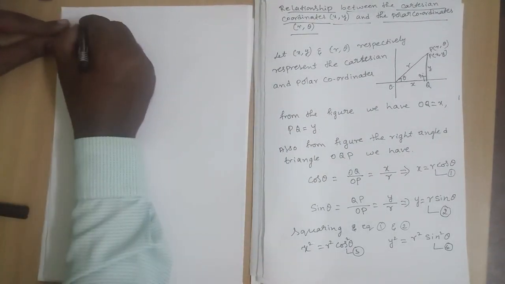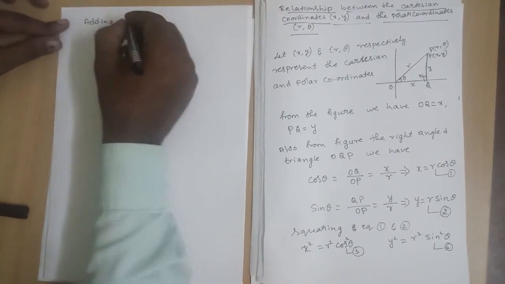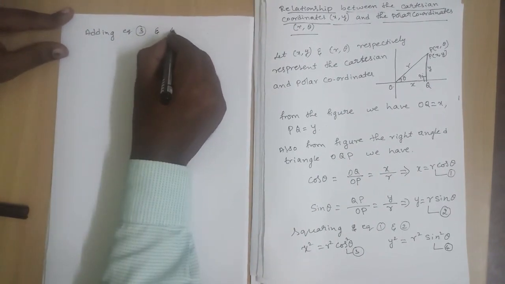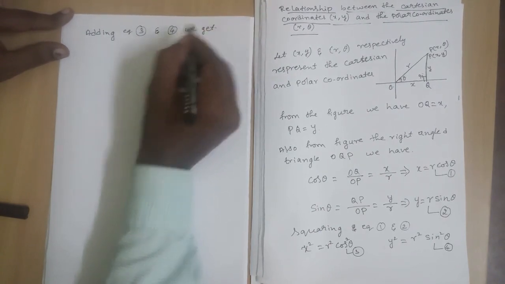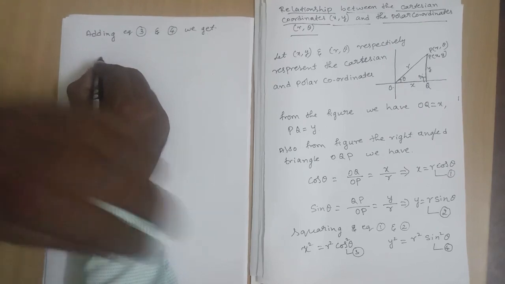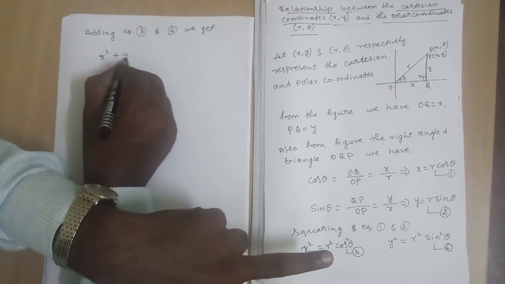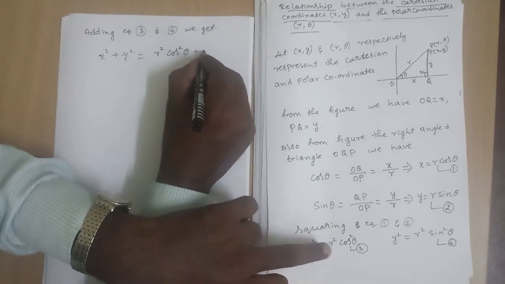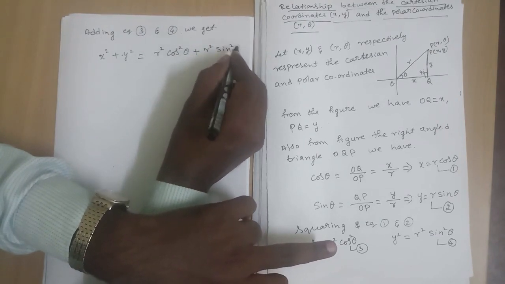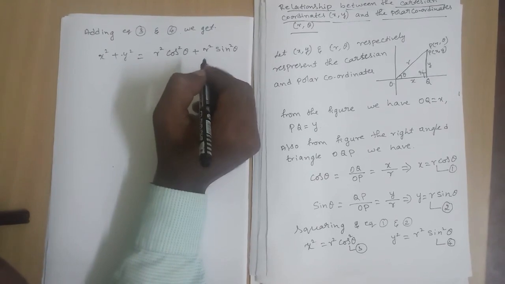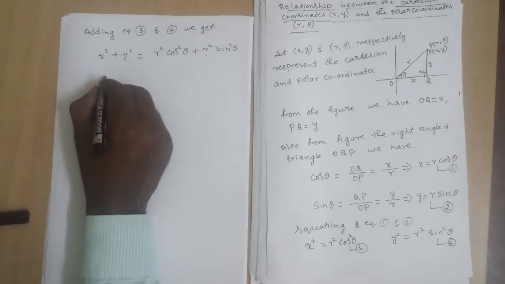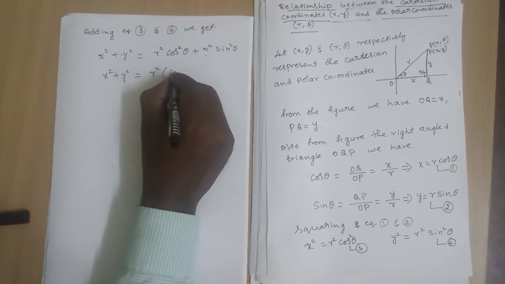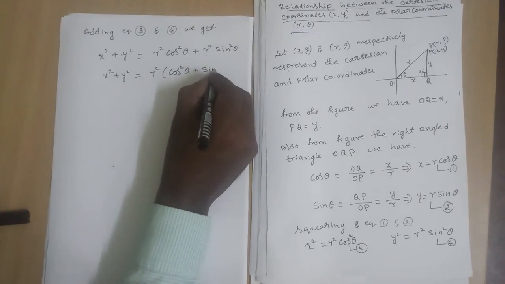Adding equations 3 and 4, we get x square plus y square is equal to r square cos square theta plus r square sin square theta. Taking r square common, x square plus y square is equal to r square into cos square theta plus sin square theta.